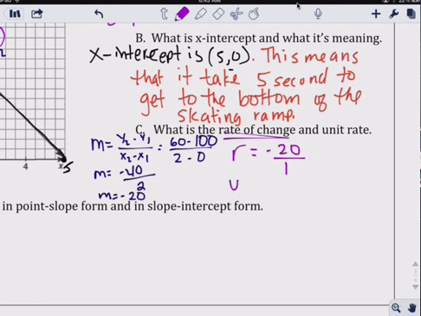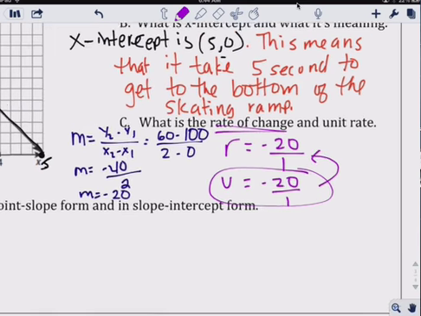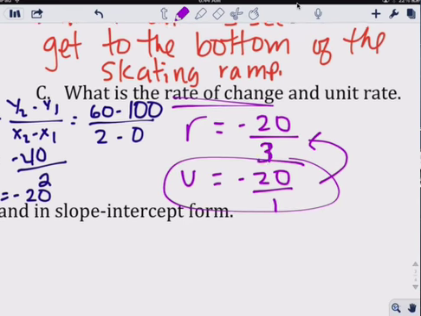And my unit rate is also the same. Just happens to be the same. Not all the time, because if you got 20/3 here, you need to divide and your unit rate will be a decimal, okay? In this case, 20 divided by 1 is still 20/1.